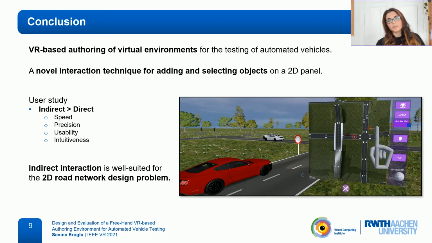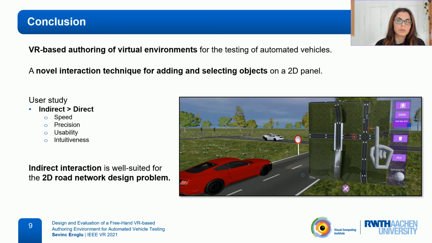In conclusion, we presented our system to create road networks and traffic scenarios based on freehand gestures. Furthermore, we devised a novel interaction technique to add and select objects on a 2D panel. To evaluate the performance of our interaction technique, we conducted a user study in which we compared our approach to an existing freehand interaction technique.